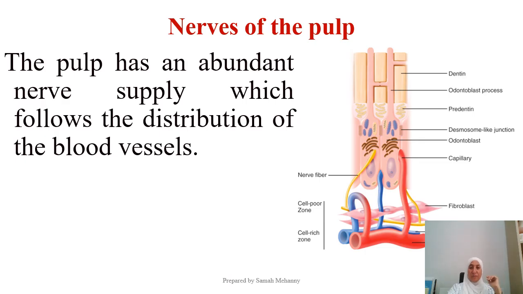The nerves of the pulp, exactly the same as the blood vessels, enter the teeth from their apical foramen. The main nerves are myelinated, enter the core of the pulp, and head toward the odontoblastic layer, forming a plexus beneath the odontoblasts.